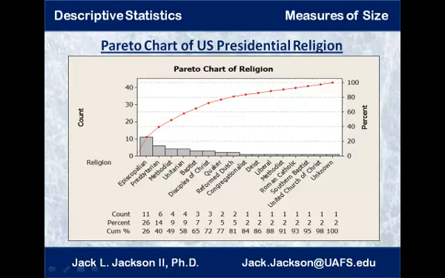Now this is often used in a manufacturing situation, where instead of, say, religion, this would be causes of a problem. So we might have different defects that show up, and the biggest bars would be first. This is really nice because this allows you to focus on what they call the significant few rather than the trivial many.